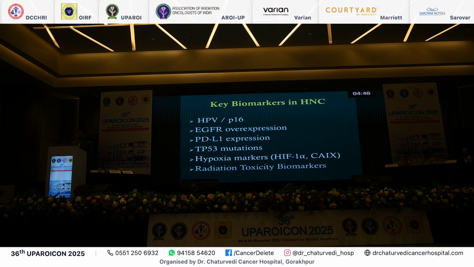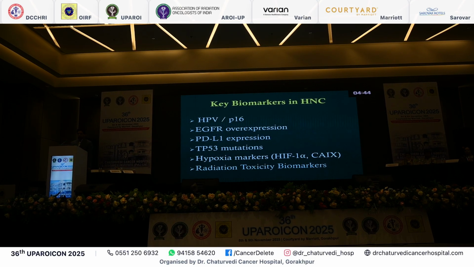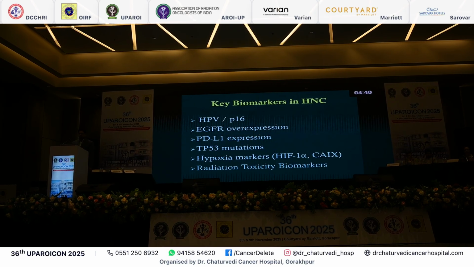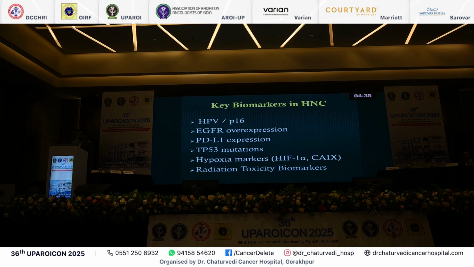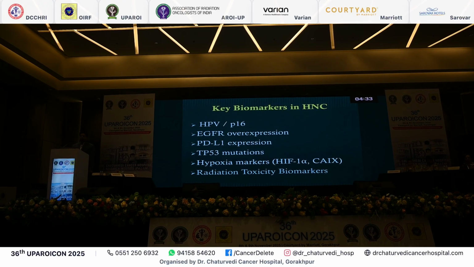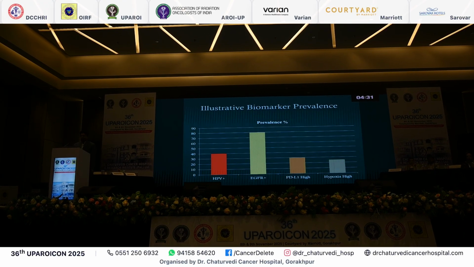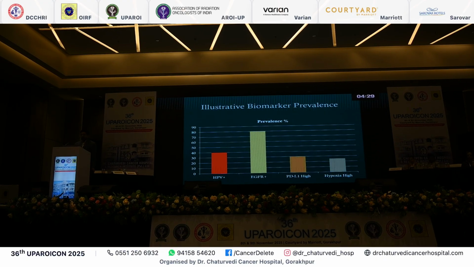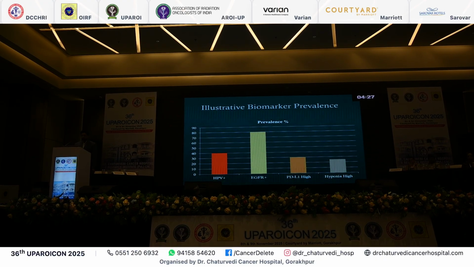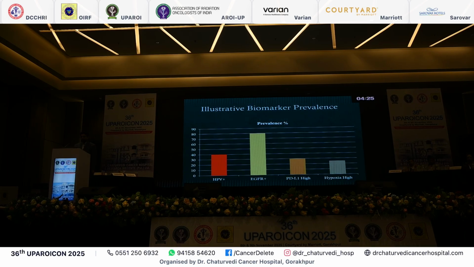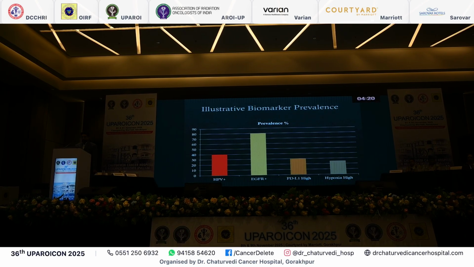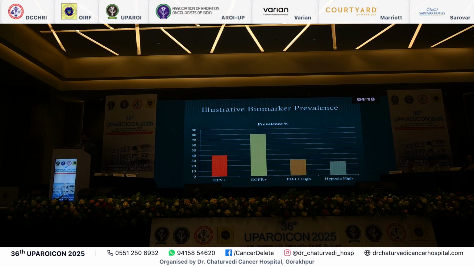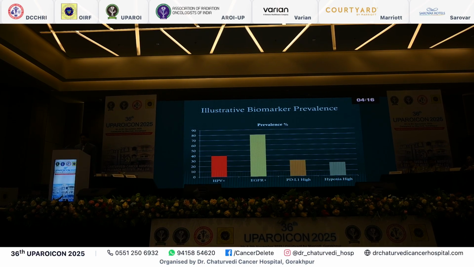So the key biomarkers in head and neck cancer are HPV p16, EGFR overexpression, PD-L1 expression, TP53 mutations, hypoxia markers, and radiation toxicity biomarkers. Here is the illustrative biomarker prevalence in head and neck cancer. We can see EGFR expression in 80% of the patients, HPV-positive oropharyngeal cancer in 40% of the patients, and PD-L1 in 30%.